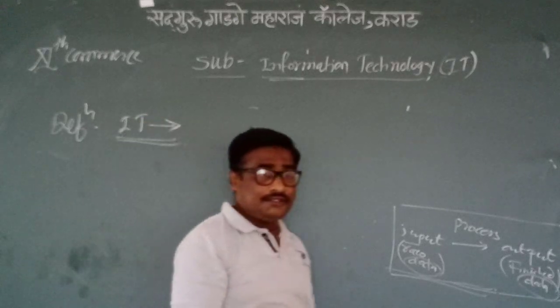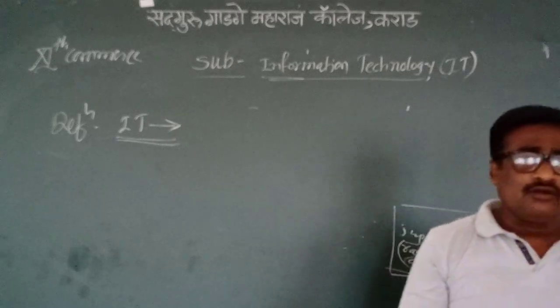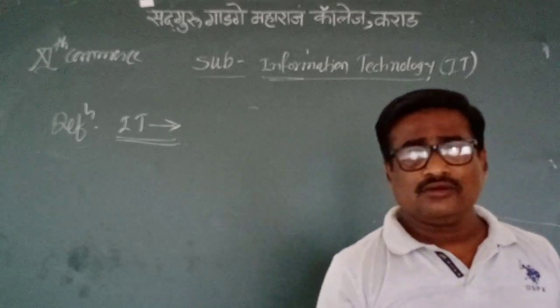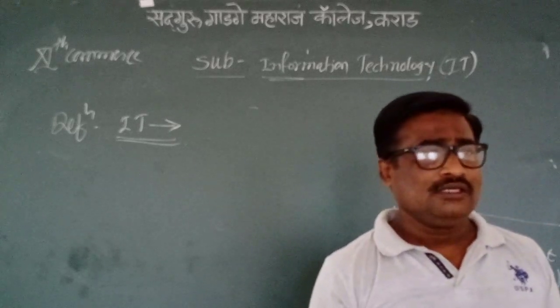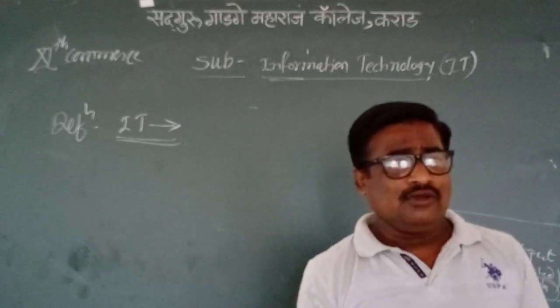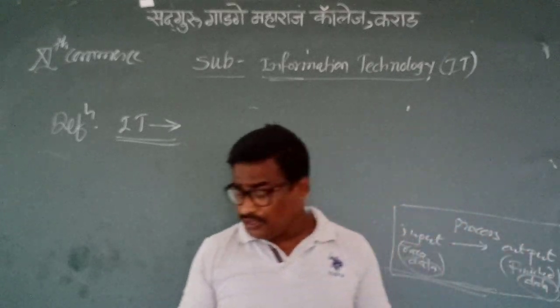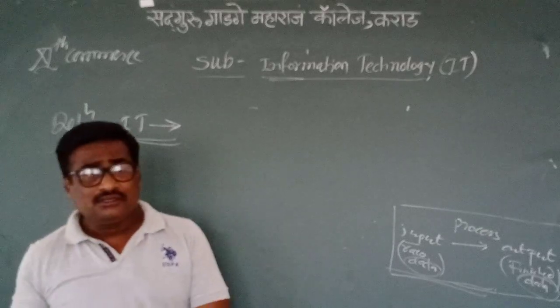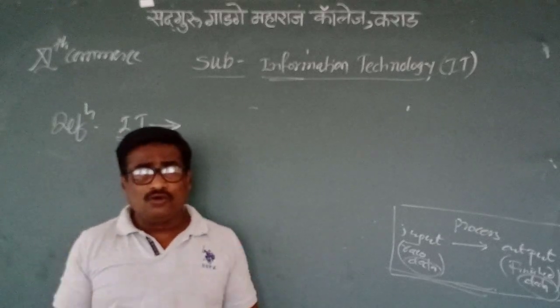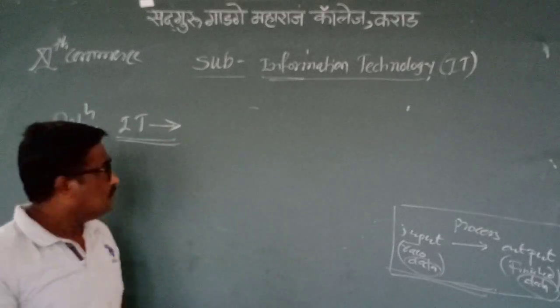How to define the IT? IT is not a single entity. It is not a single object. It is a combination of different objects, different subjects. It is a bunch or group of entities.